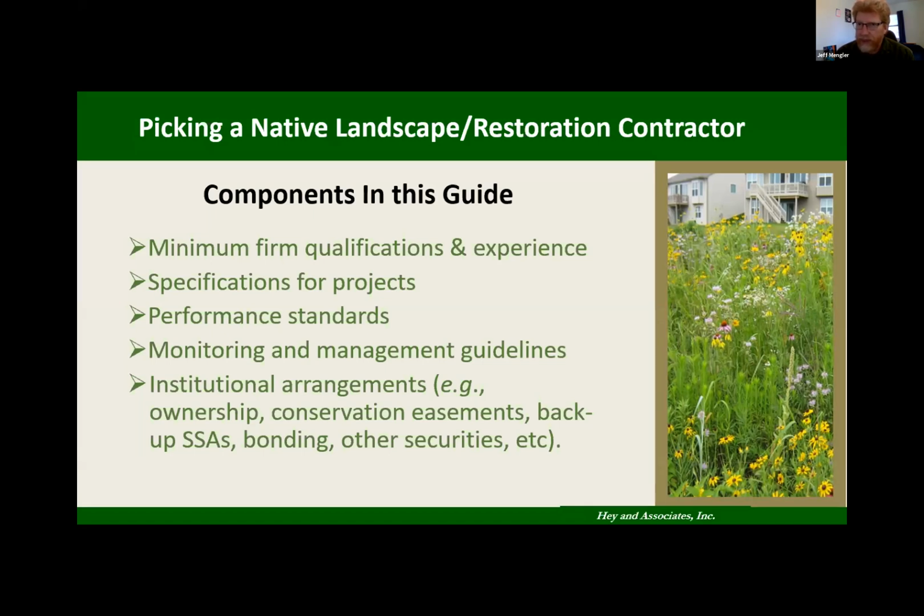Bill mentioned it takes at least 3 to 5 years for these areas to really get established and get going. And then what we called institutional arrangements, which had to do with the ownerships, easements, funding mechanisms, performance bonds, and things like those. So I'll go through each one of these in a bit more detail, kind of as it is in the guidebook.